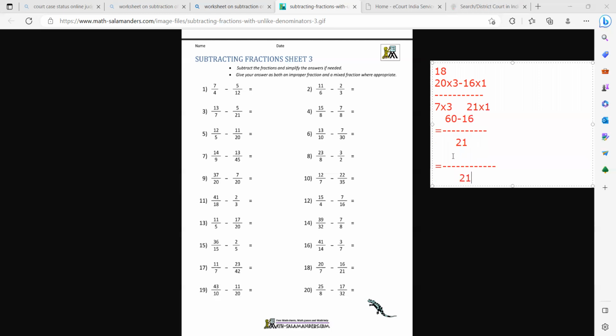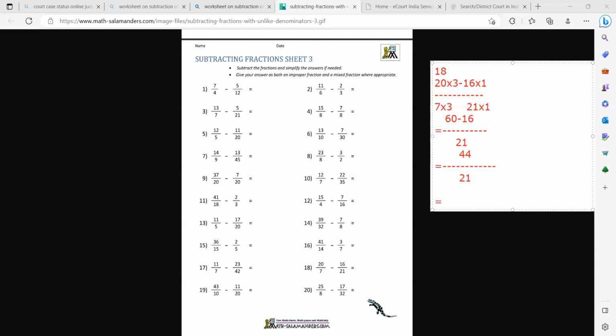Then 60 minus 16 will be 44. In this way, you can check your answer whether it is correct or not. If there is subtraction, just add 44 and 16. If the answer is 60, then it is the correct answer.